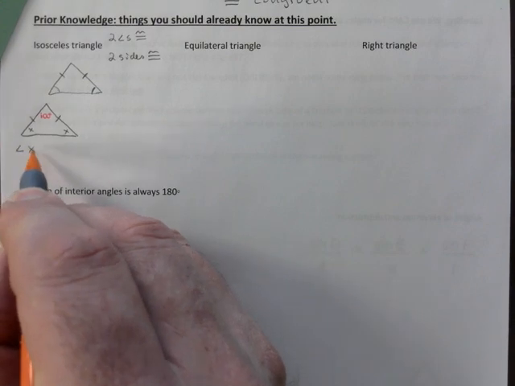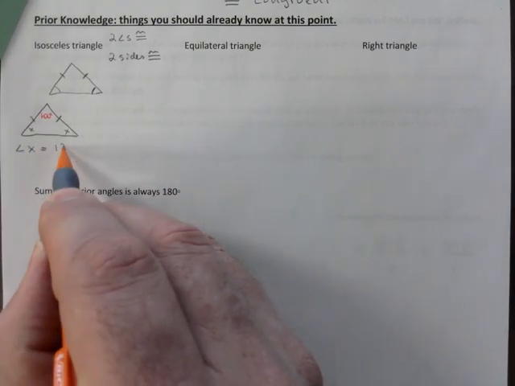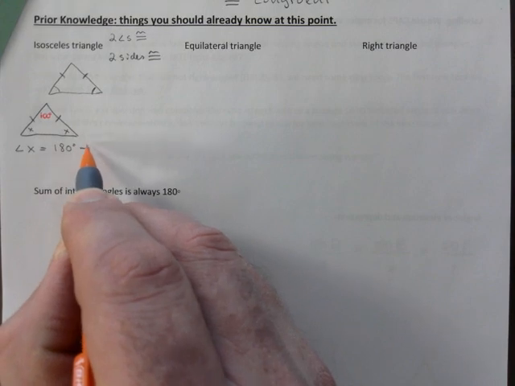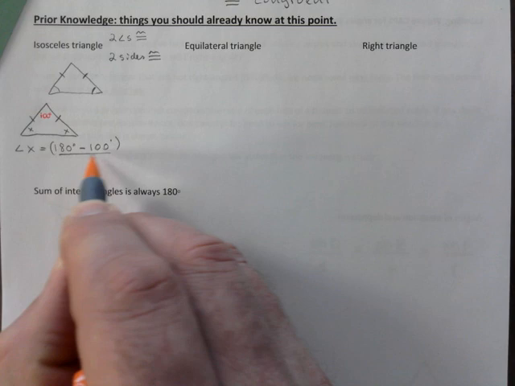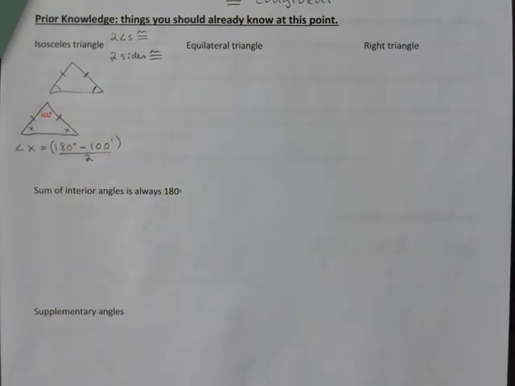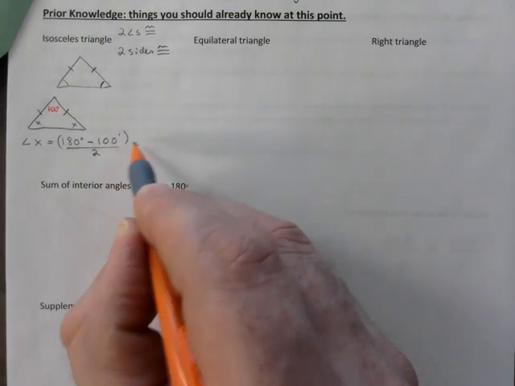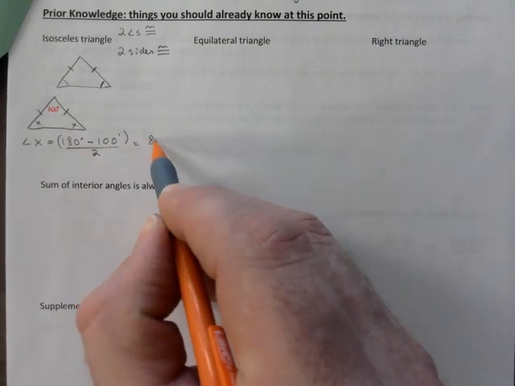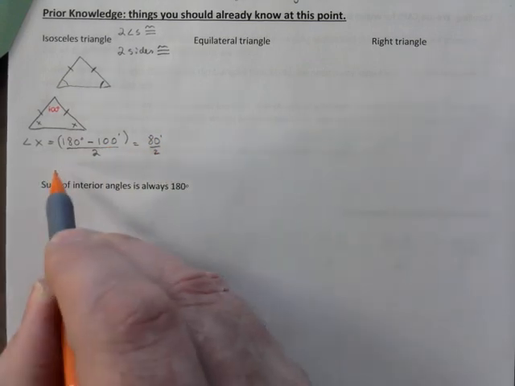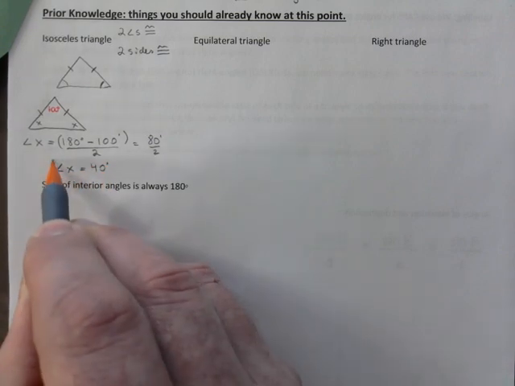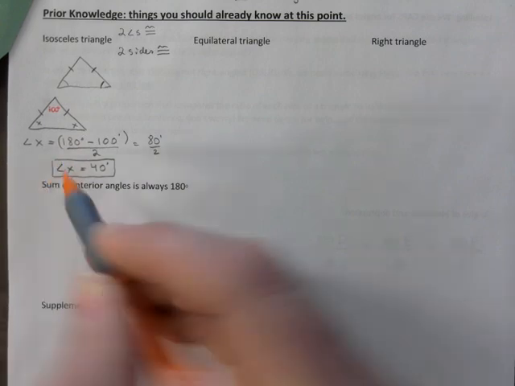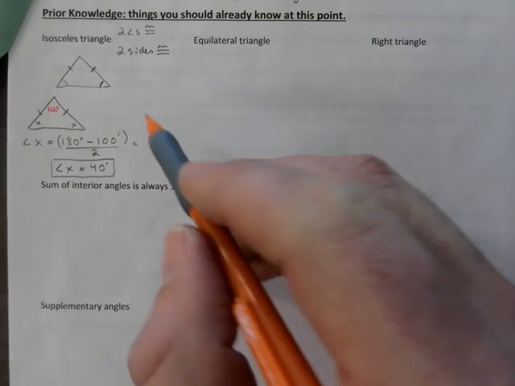So angle x is going to be 180 degrees minus the 100, and that is going to be split in half. 180 minus 100 is 80. 80 degrees in half, right? So angle x is 40 degrees. You've now found all angles, right? You found the two 40s and the one that is 100, okay?